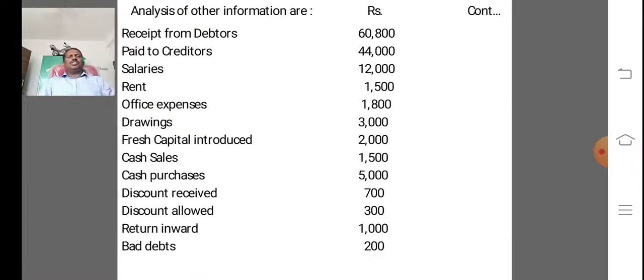The question is, prepare trading and profit and loss account from the above information.